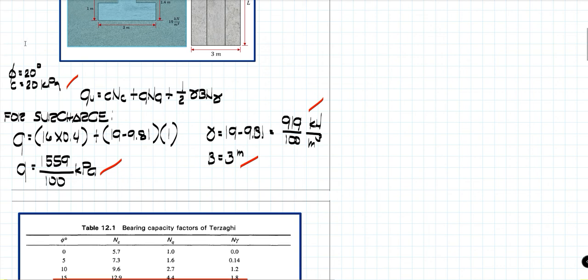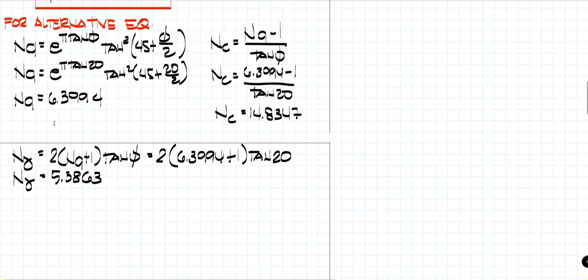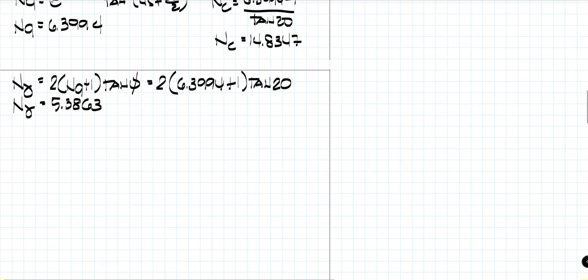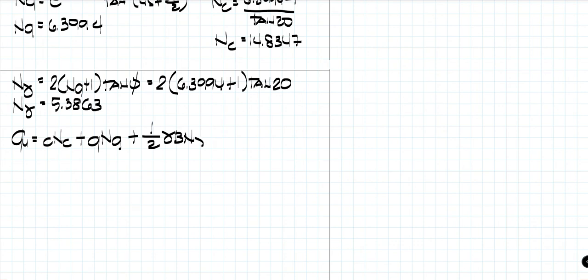So, ang nagbago lang is yung bearing capacity factors. So, that will just be QU is equal to CNC plus QNQ plus 1/2 gamma B and gamma.